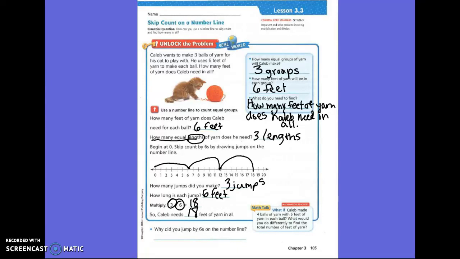Yes, because there are 6 feet of yarn in each ball.